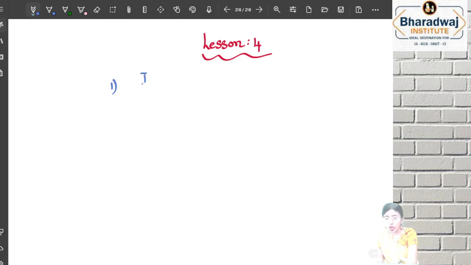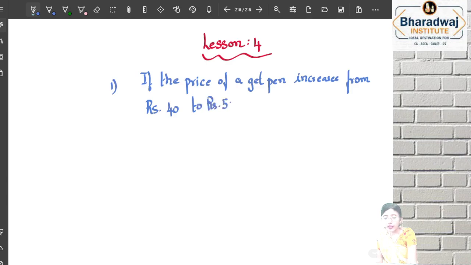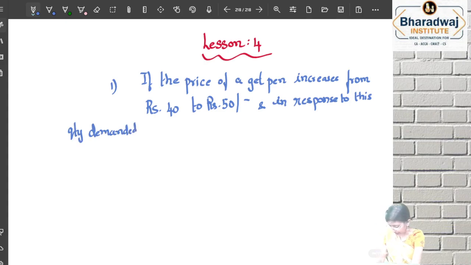If the price of a gel pen increases from rupees 40 to rupees 50, this is a rise, and in response to this, quantity demanded decreases from 25 units to 20 units.